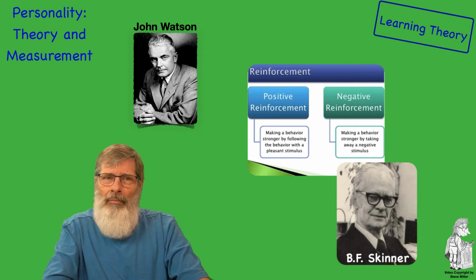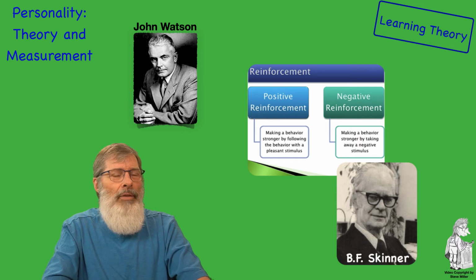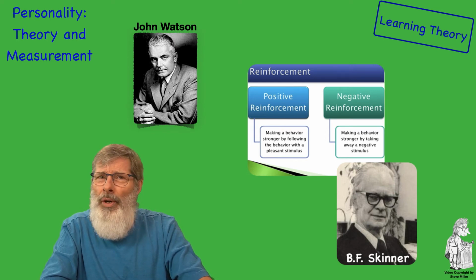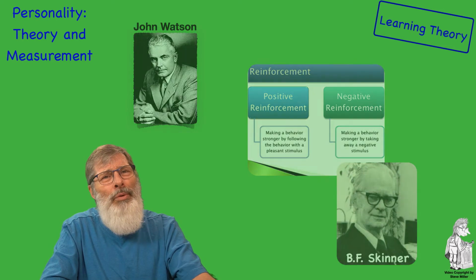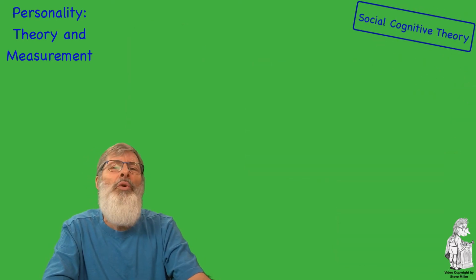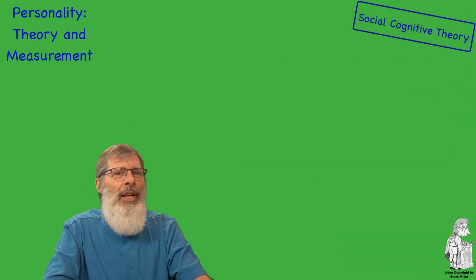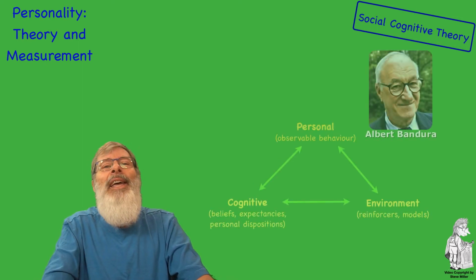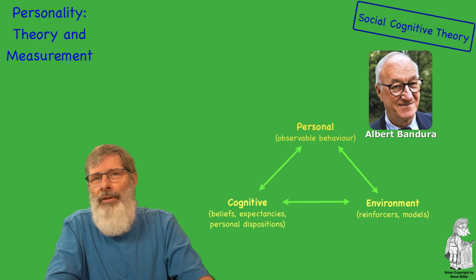Now, some theorists object to the behaviorist notion because it downplays the importance of consciousness and choice. The next group we'll look at is related: social cognitive theory. It states that personality is the result of both the environment and personal cognitive factors.